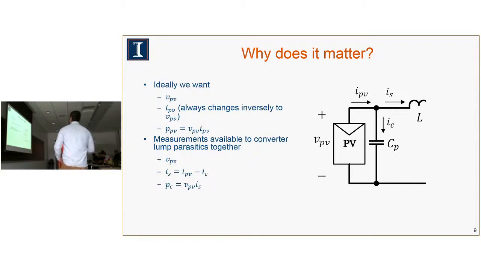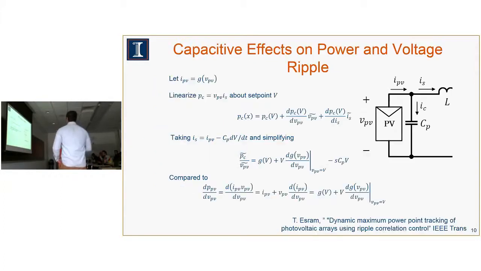So the takeaway here is that the converter only sees the measured current times the measured voltage, which in this case we're just saying is VPV. It's hoping that that's as close to the actual PV current and PV voltage as possible.